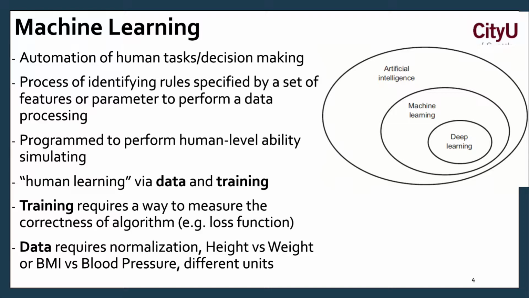Again, you program it to perform at human-level ability, simulating human learning via data and training. Your data is basically your input, and you do some processing, which is the training, and then you get the output. Training requires a way to measure the correctness of the algorithm that you're going to use.